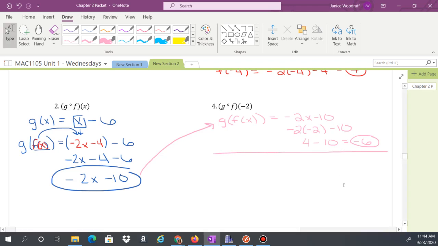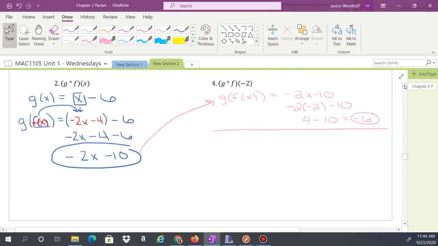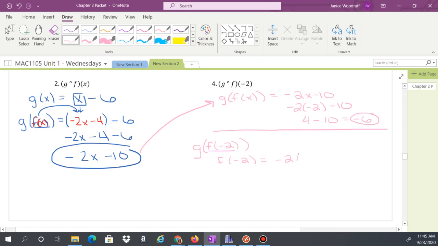Okay, if we had not already done that, what we want to do is we want to go g of f of -2 and start from the inside. So we want to find f of -2, which would be -2 times -2 minus 4.